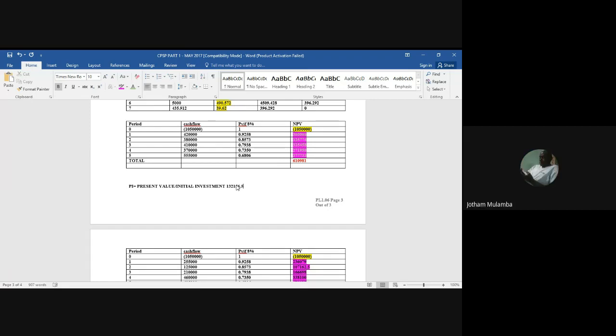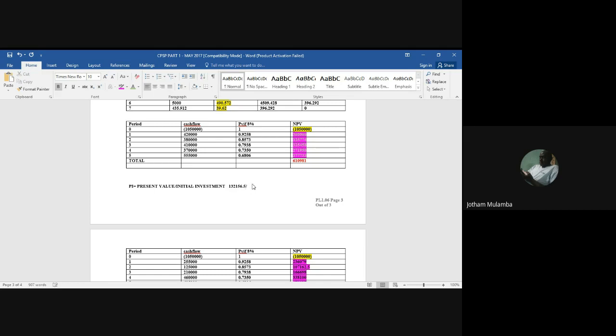Now, to get the profitability index, the formula is present value divided by initial investment. So present value is 1,321,056.5.